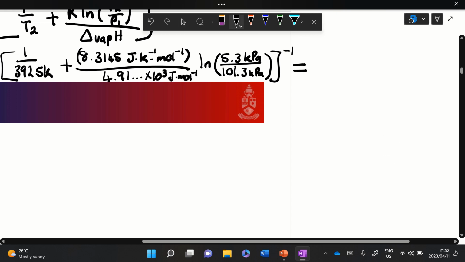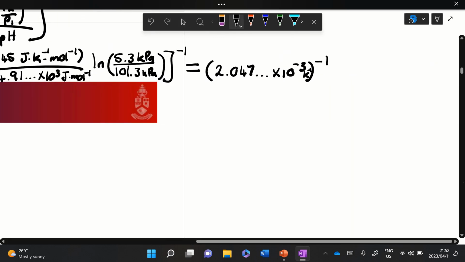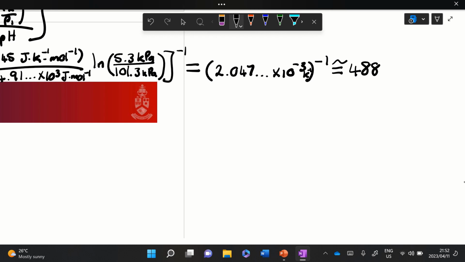So that should give us a value of 2.047 times 10 to the minus 3 per Kelvin, of course, and then eventually approximately gives us a value of 488 Kelvin.